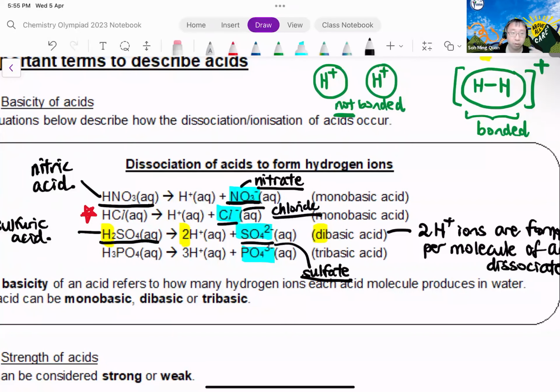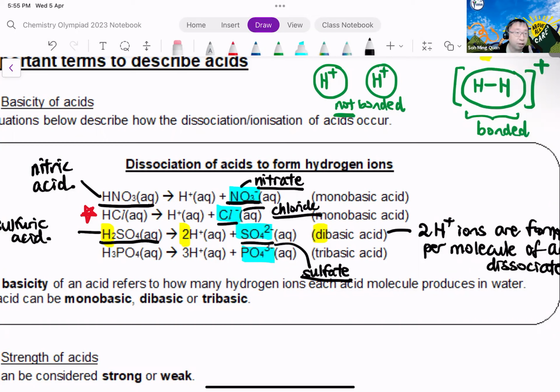So for example, if I had 1 mole per dm cube HCl versus 1 mole per dm cube H2SO4, do they really have the same amount of H+? Do they really have the same concentration of H+? The answer, of course, is no, right?